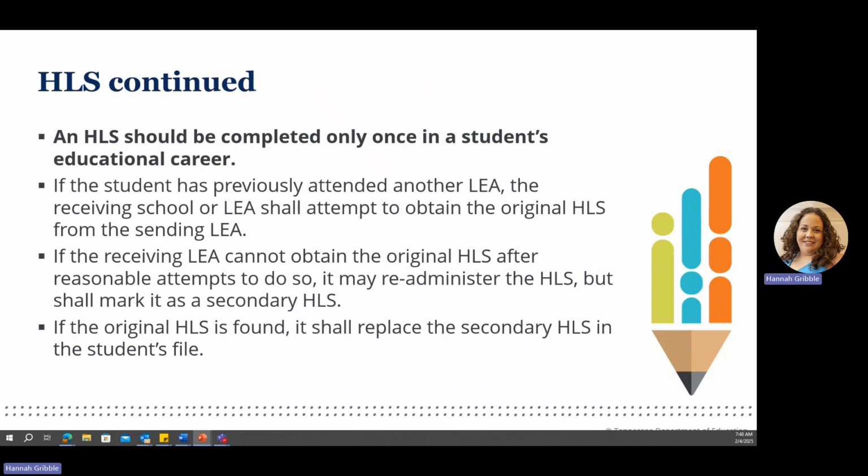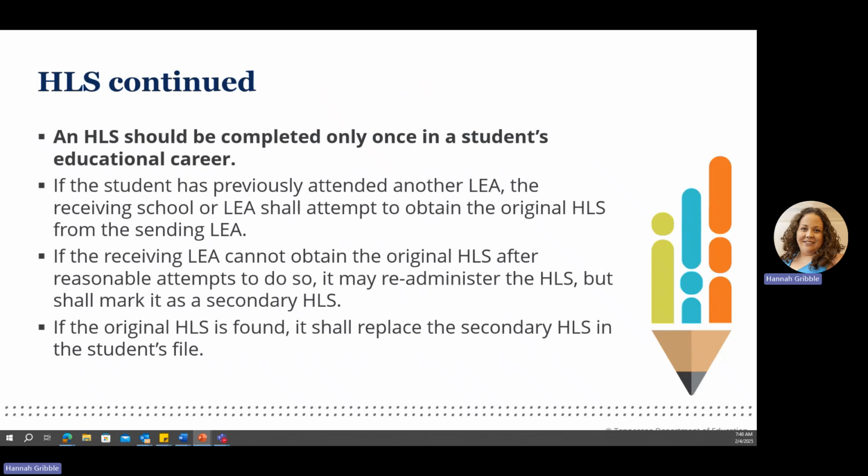It's very important that an HLS only be completed once in a student's educational career. If the student has previously attended another LEA, the receiving school or LEA shall attempt to obtain the original home language survey from the previous LEA.